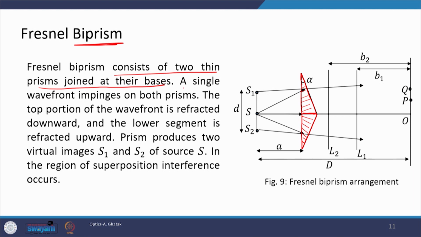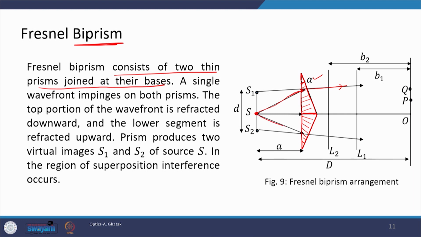This prism angle is represented by angle alpha here. Now, if you put a point source S here and illuminate the prism, the ray which is going in this direction, after refraction, will bend towards the base of the prism, and therefore it will bend in this direction.